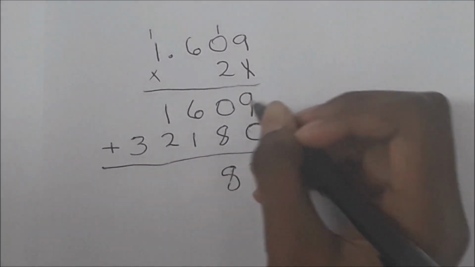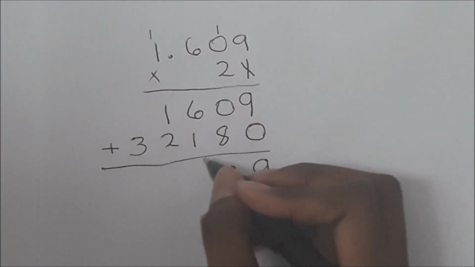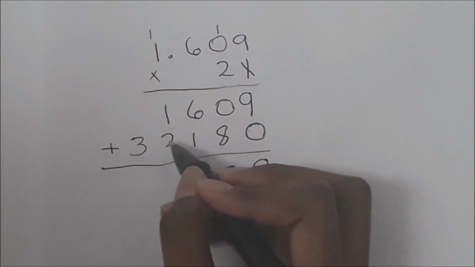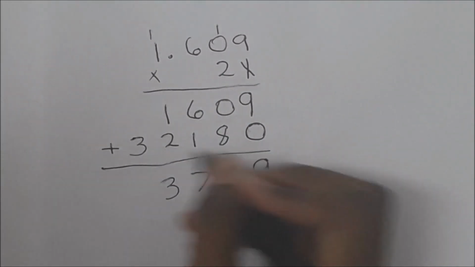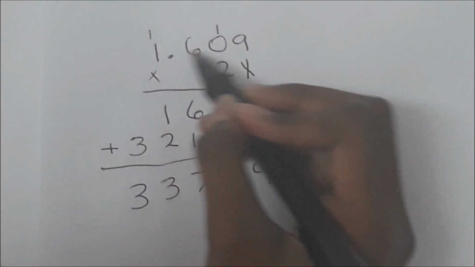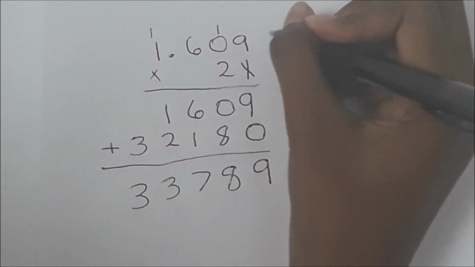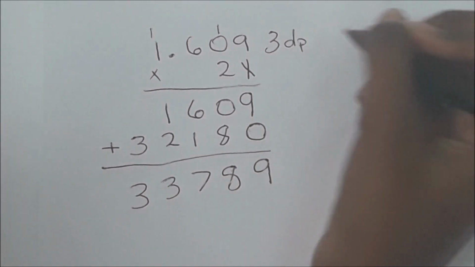Tell us what you're doing. 9 plus 0 is 9. 0 plus 8 is 8. 6 plus 1 is 7. 2 plus 1 is 3. And 0 plus 3 is 3. And there are 3 numbers after the decimal point. So that's 3 decimal places.